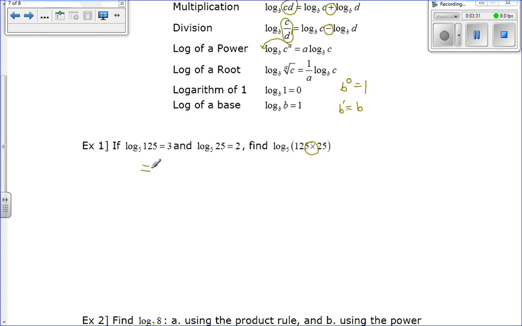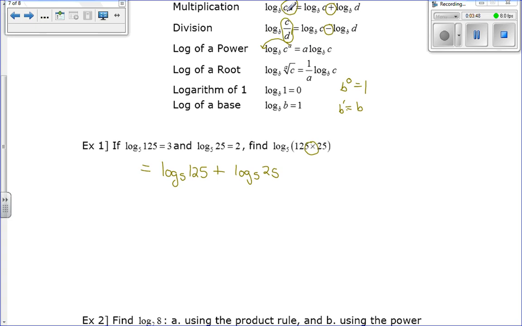So this is equal to log base 5 of 125 plus the log base 5 of 25.